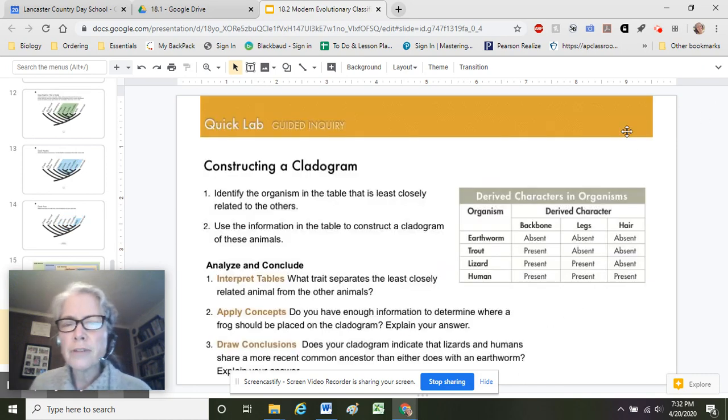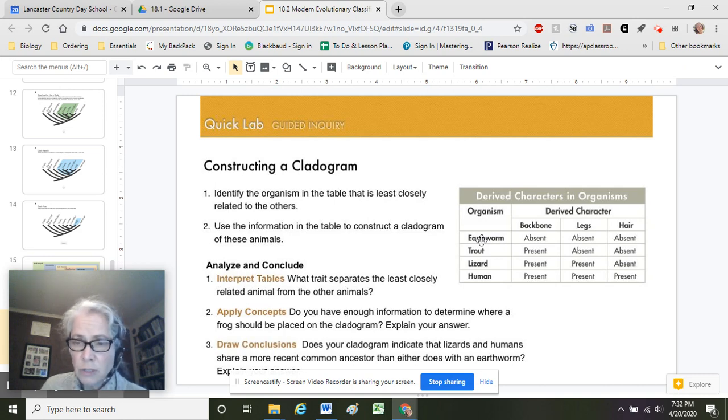Here's your job for today. I want you to come back after you've seen this video and provide me a drawing based on these data, a drawing that is a cladogram that groups as the most closely related individuals those species of these 4 that share the most derived characters in common.